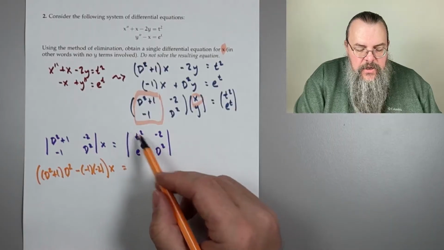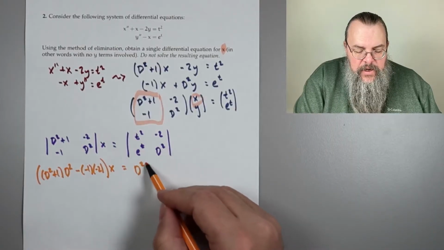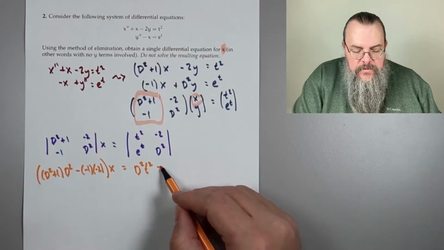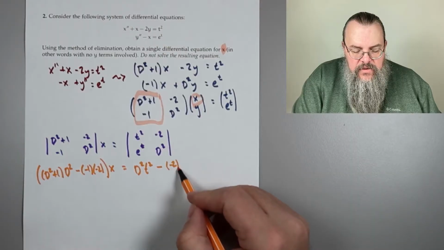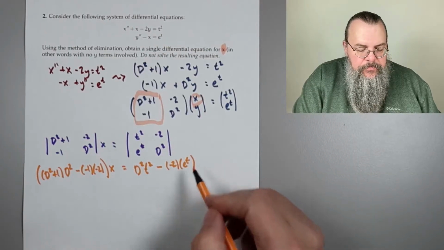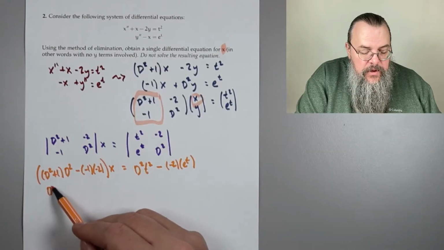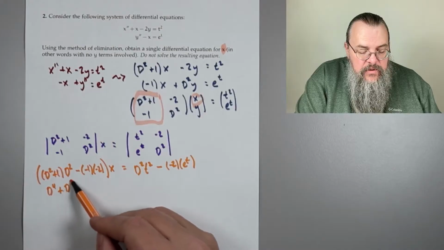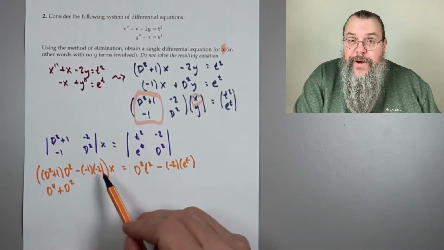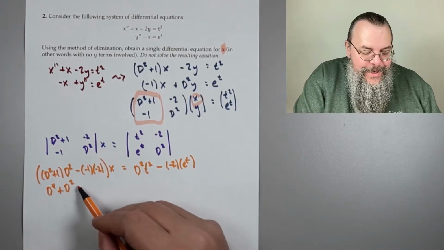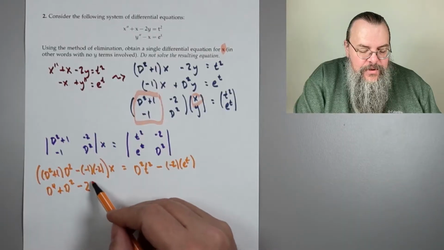Over here, we'll have d squared t squared. Subtract minus 2 e to the t. Now, this becomes d to the fourth plus d squared. And then we have minus, minus, minus, triple minus. So that's a net negative 2x.